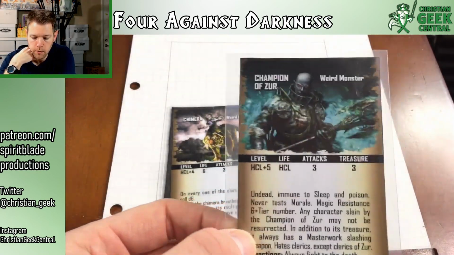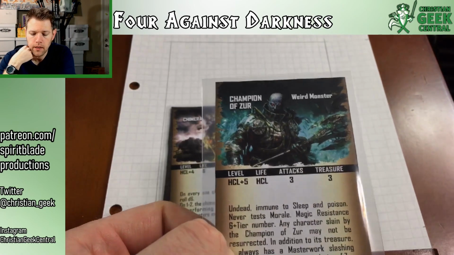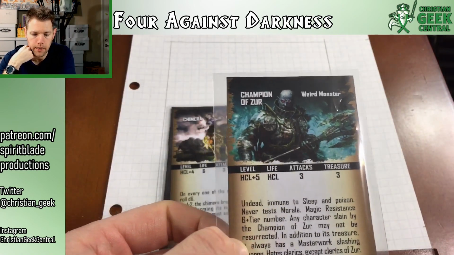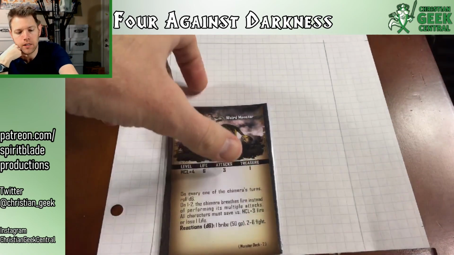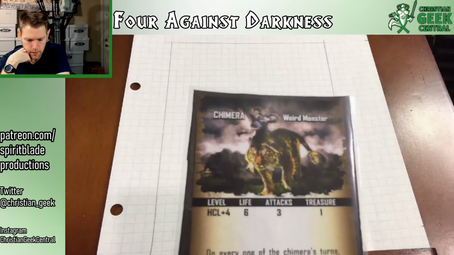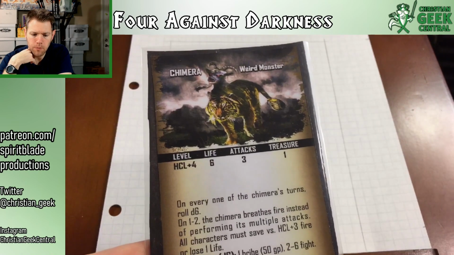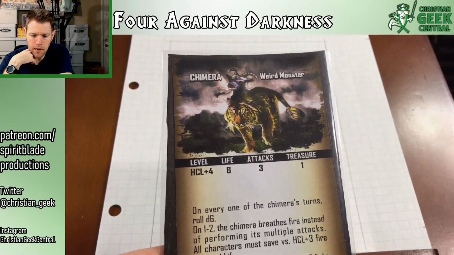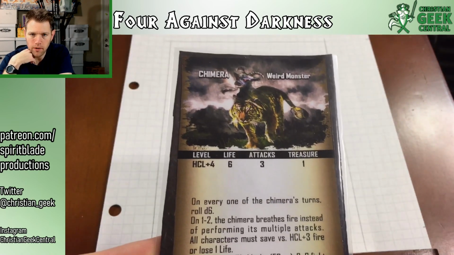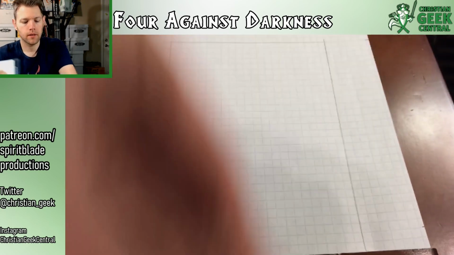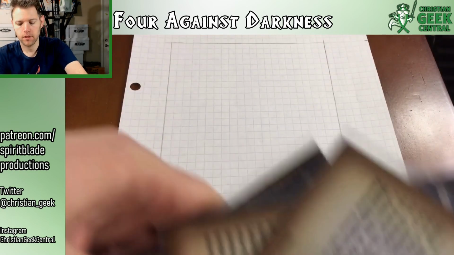I don't know who Zur is, but maybe he's like a lieutenant of Ziktul or something like that. I don't know. I think I'm going to go with this Chimera. Yeah. That's weird, and I can beef him up maybe just a little bit. Maybe add +1 to his level as a final boss.